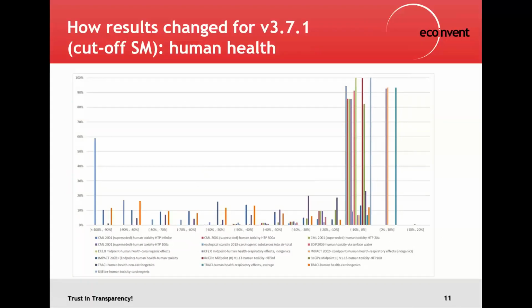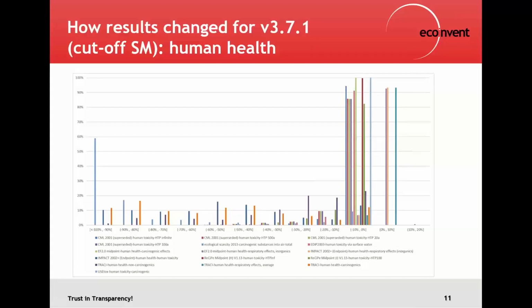I will show you in a few slides here the comparison of results obtained with 3.7 or with 3.7.1 with a collection of indicators. We analyzed 272 indicators, and what I'm showing you are indicators, of course, that change. Those that don't change, I'm not going to represent them here.